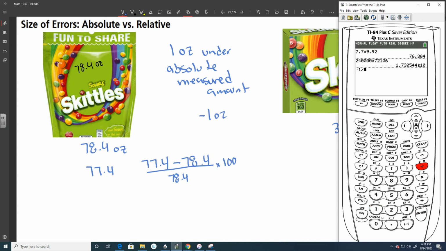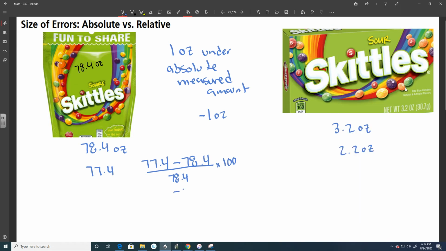And then I've got to divide that by what it's supposed to be, the 78.4, and then I'm going to times by 100. So when I do that, that gives me the percent, is how we read it a lot of times. That says -1.27%. So I'm only about 1% under what I should be.